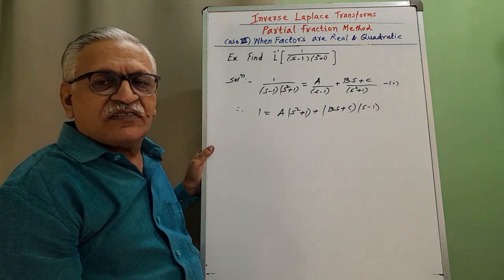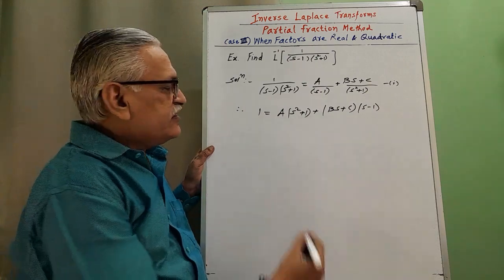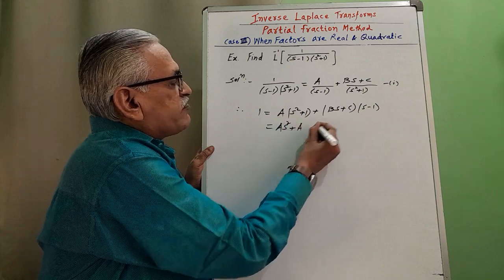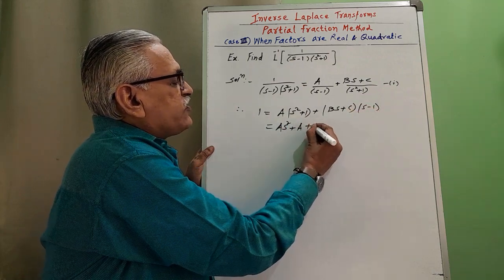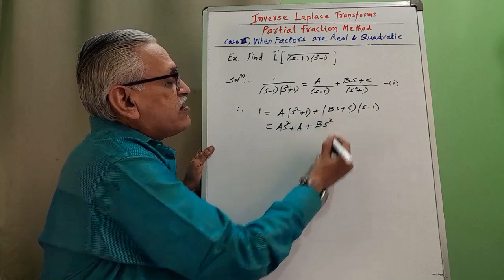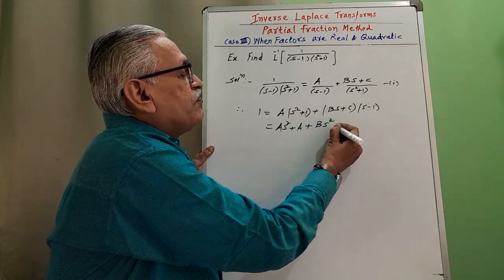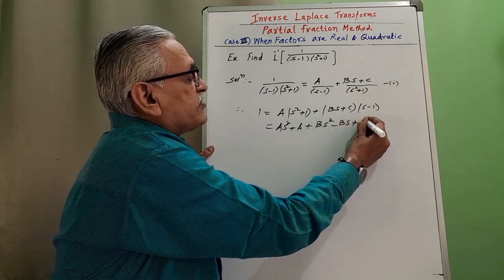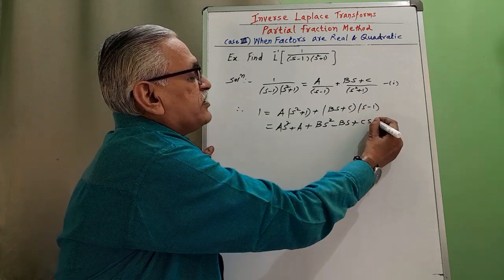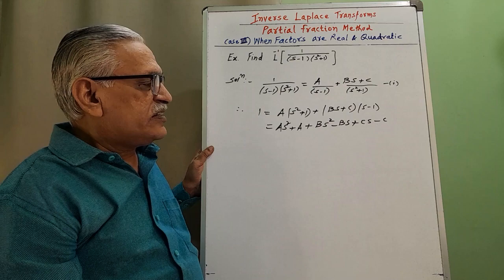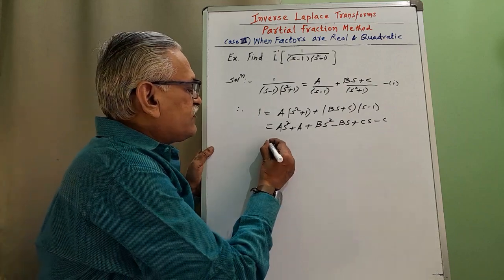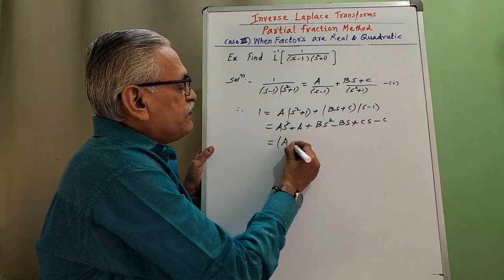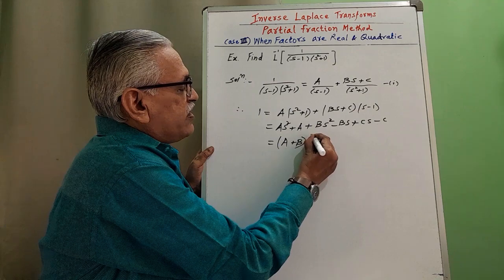Then, multiplying term by term inside, we get A into s square plus A into 1 means A, Bs into s means Bs square, minus Bs, plus Cs, and minus C. Then collecting the terms of s square in one bracket, there are two terms of s square, therefore (A plus B) into s square.